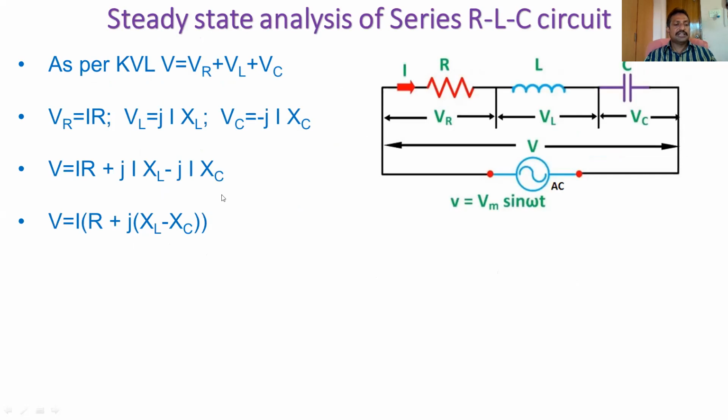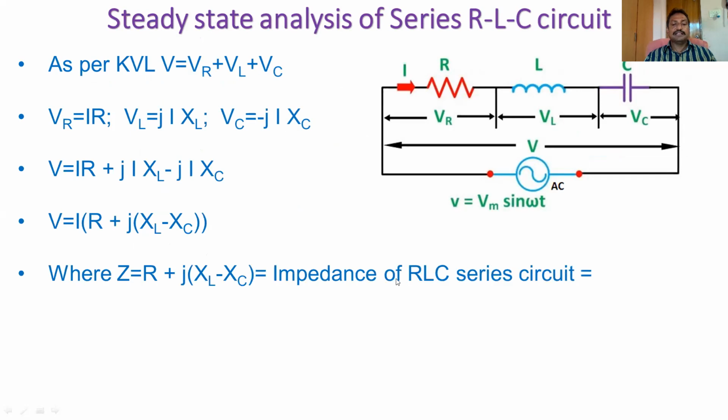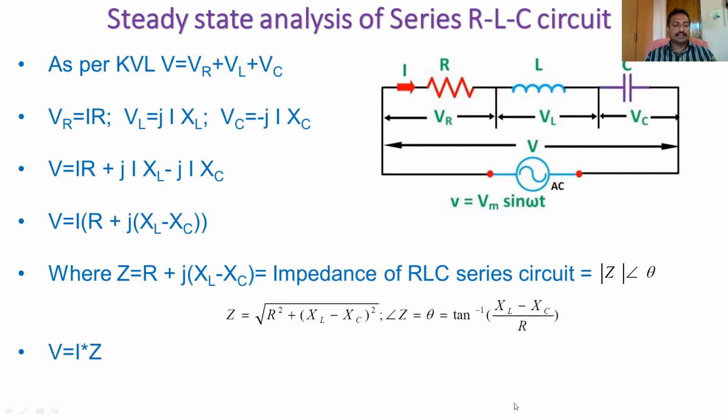This R plus J into XL minus XC is indicated as the impedance of the RLC series circuit. This is the rectangular form, and this is the polar form. We want to calculate the magnitude in polar form: square root of R square plus XL minus XC whole square. Theta is equal to tan inverse of XL minus XC by R. V is equal to I into Z.